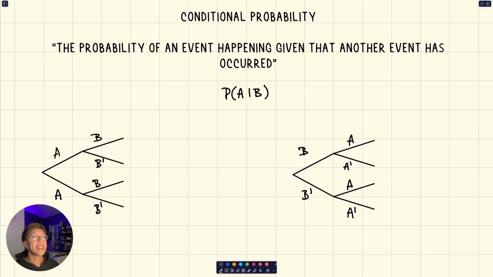This is an event given that another event has already occurred. So this branch up here we call the B branch given that A has occurred, and this is B naught given that A has occurred. And then these down here you could probably guess. This is B given A naught, and B naught given A naught.